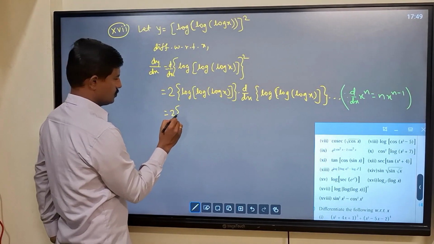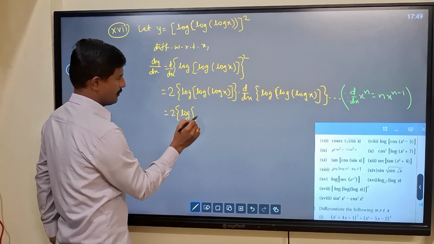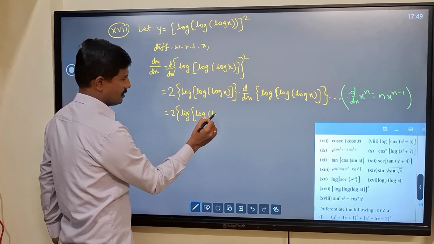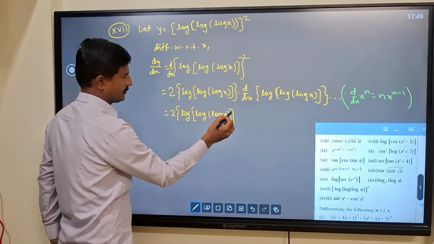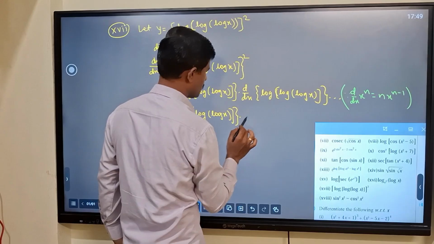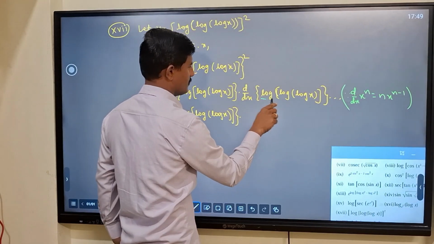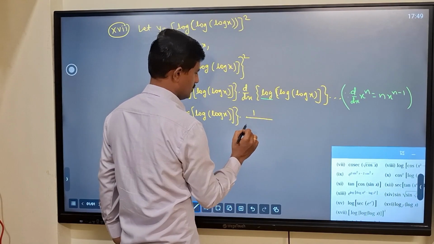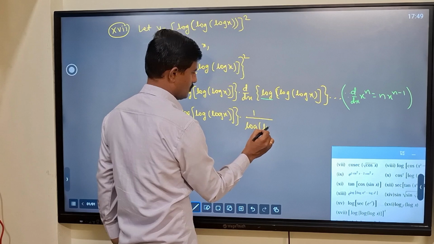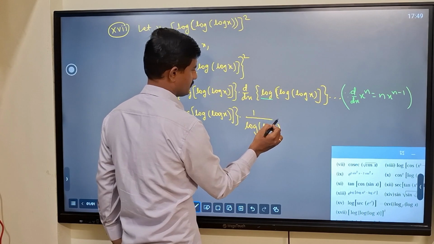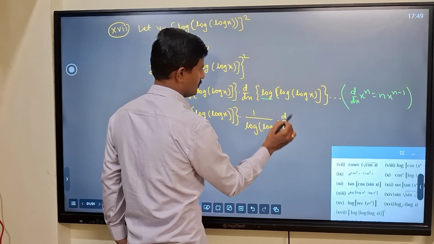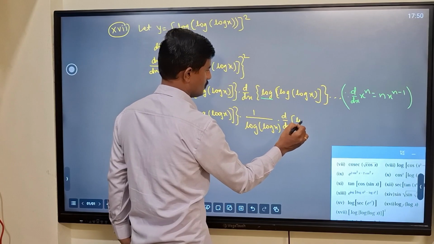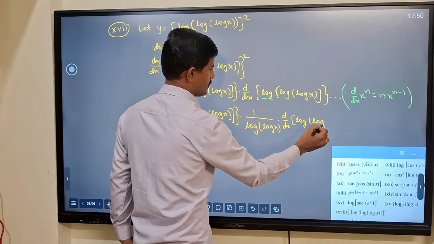Now next, 2 log of log x. Differentiation of this first log is 1 upon log of log x, times d/dx of the next, as it is log of log x.